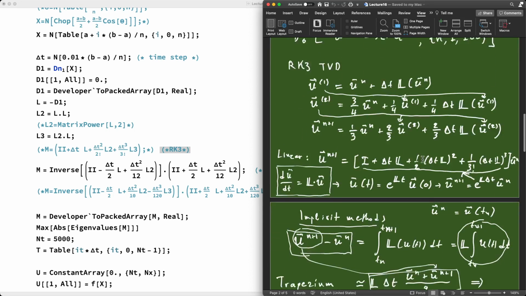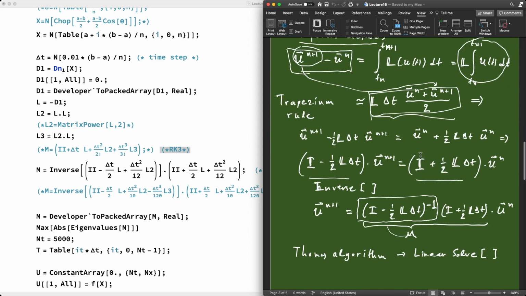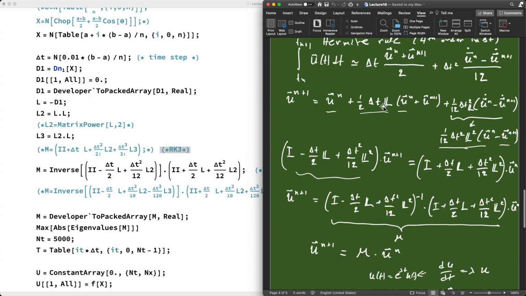Whereas for implicit methods, we would have to code up something like this, and we would have to iterate at each time step until u_{n+1} converges to a fixed point value. So that would be a fixed point iteration. So you do many more steps in each time step, many more iterations. So that would have more cost.